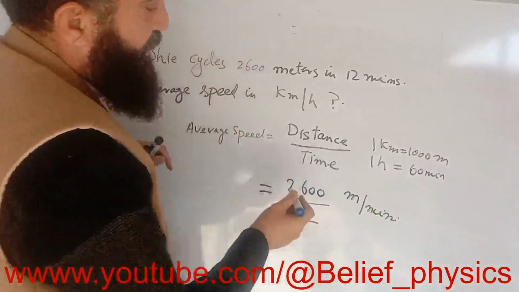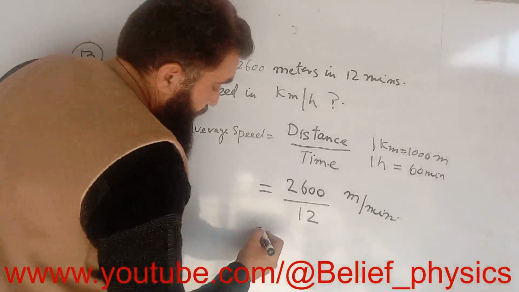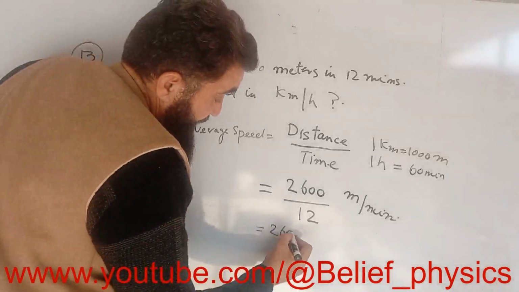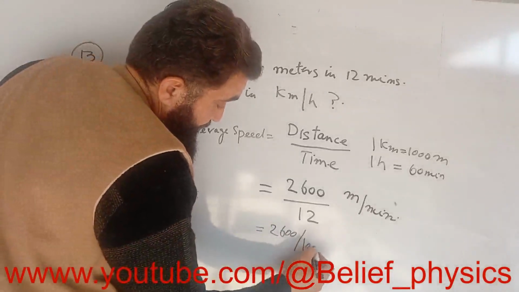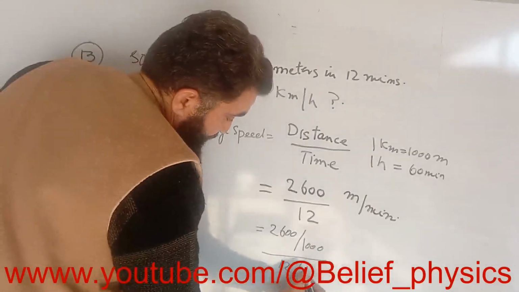So both are smaller units. We have to go towards the bigger unit. When we have to convert a smaller unit into a bigger unit, we divide. So we will divide 2600 by 1000 and 12 by 60.